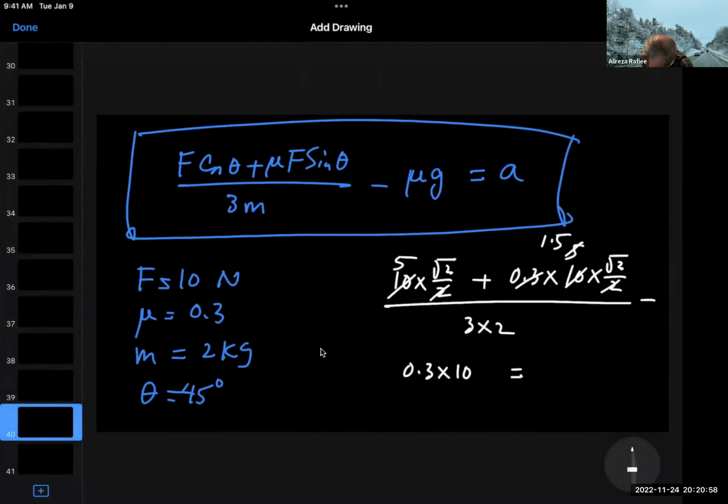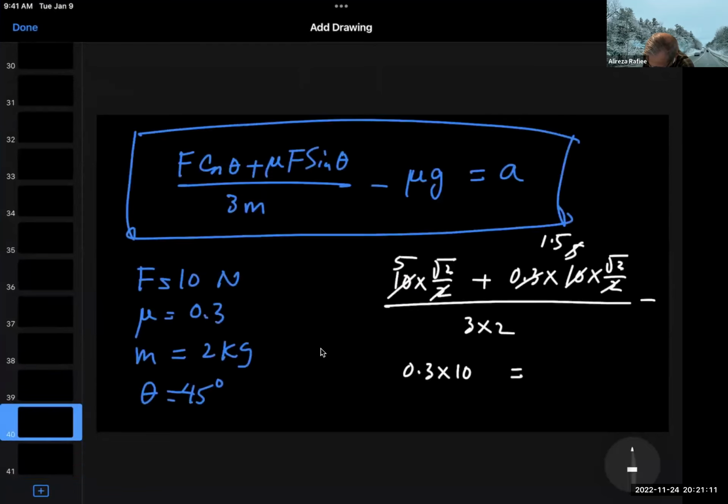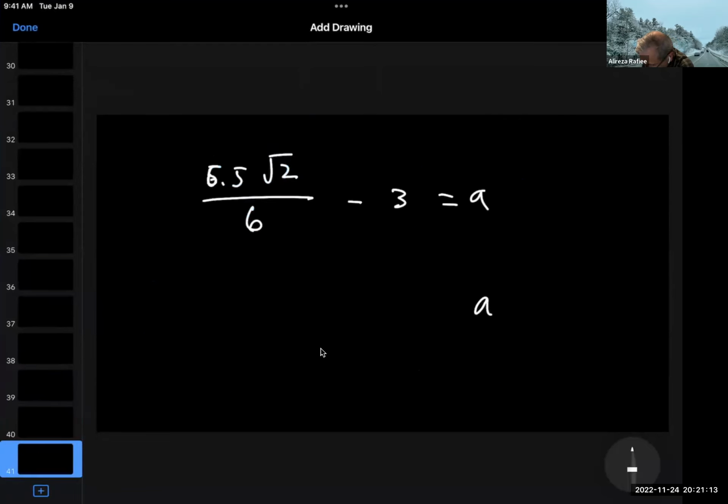Is that correct? Did I do it correctly? Mu 0.3 times 10, minus 3g, 3m, right, mu f, right. So here's the thing. We get a equal to minus 1.4.